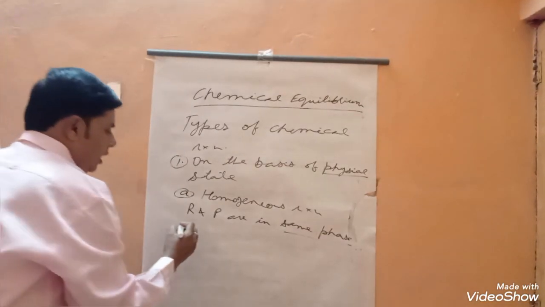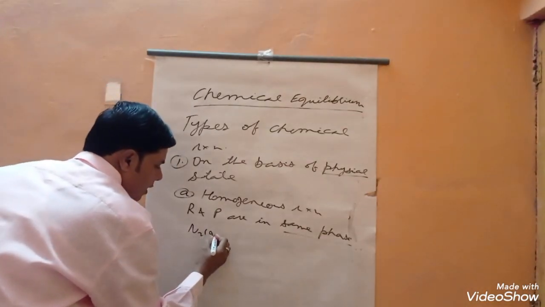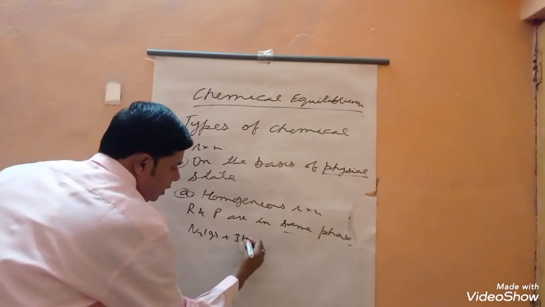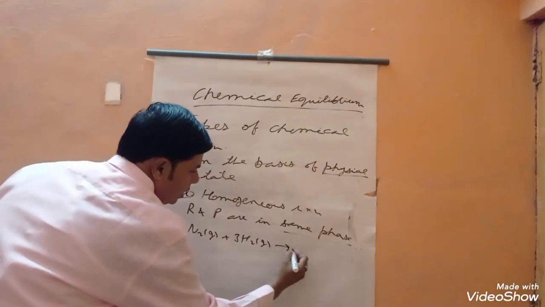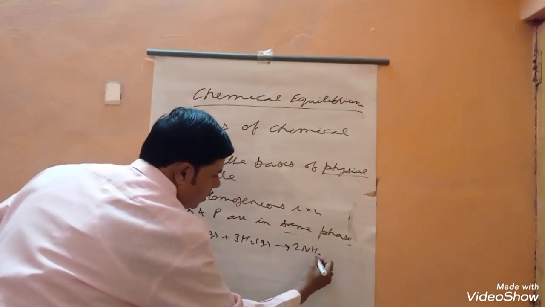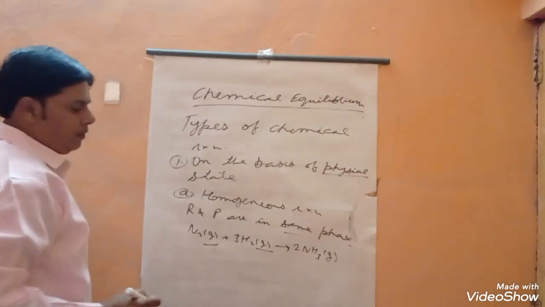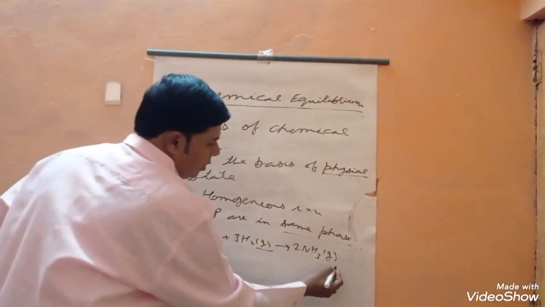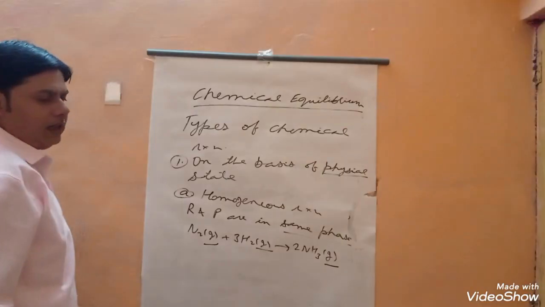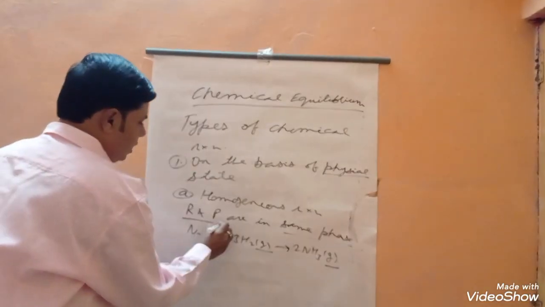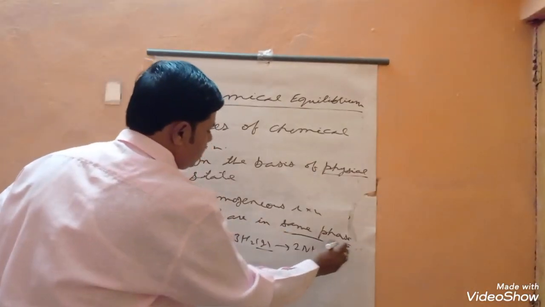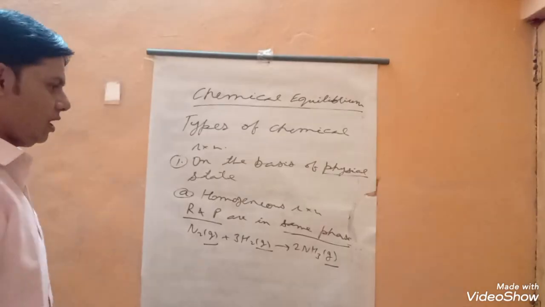For example, N2 gas plus 3H2 gas gives 2NH3 gas. So here the reactants are in the gaseous phase and the product is also in the gaseous phase. So reactants and products are in the same phase. This is all about the homogeneous reaction.